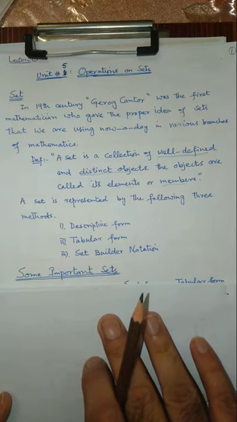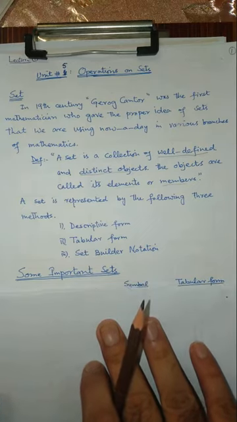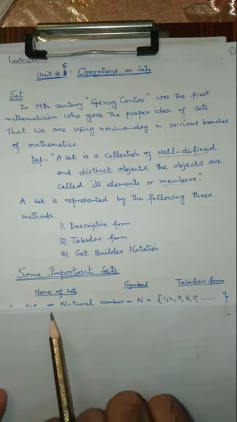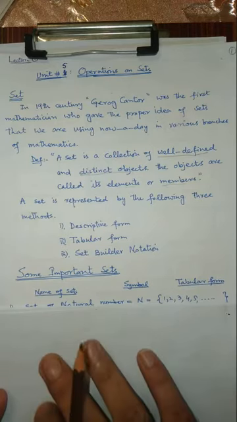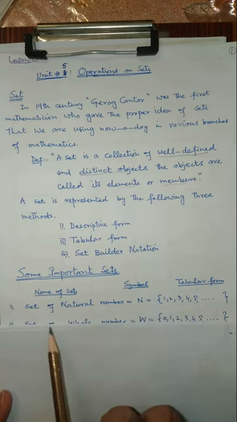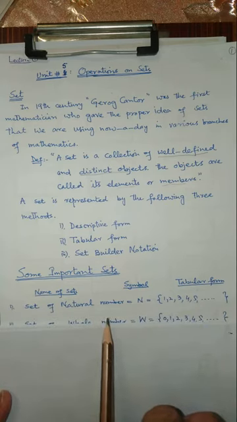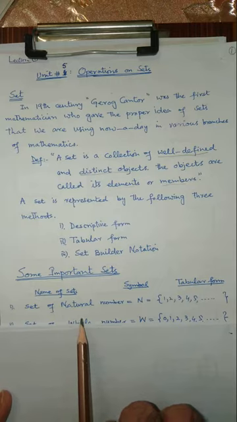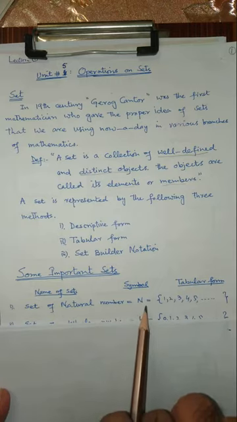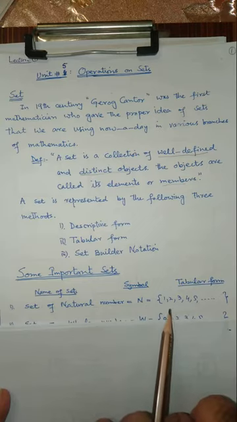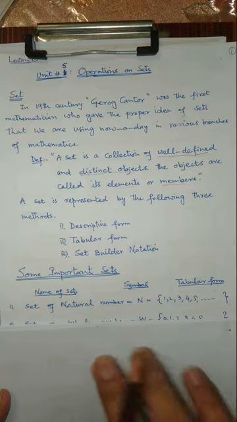Now moving to some important sets: names of the sets, symbols of the sets, and tabular form. Set of natural numbers. Remember, students, natural numbers are always denoted by capital N, and natural numbers are those numbers which start from 1 and go on: 1, 2, 3 and so on.